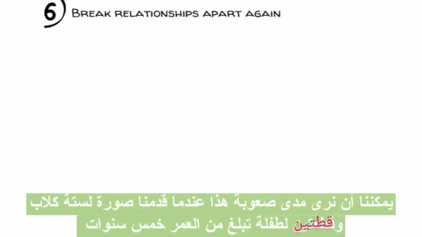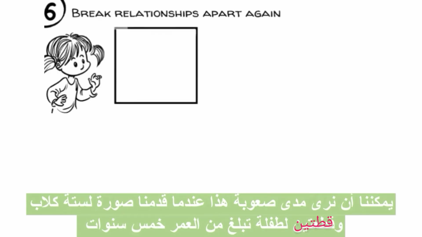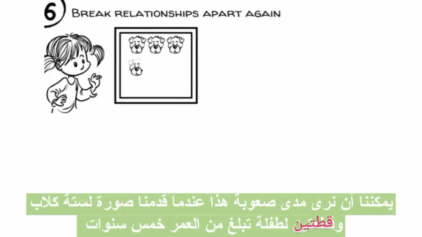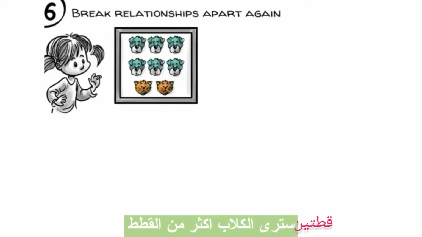Having built them, children need to learn to break relationships apart again. We can see how hard this is when we present a 5-year-old an image of 6 dogs and 2 cats, and then ask, are there more dogs or more animals?